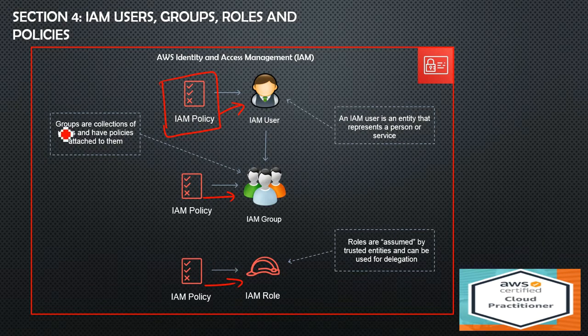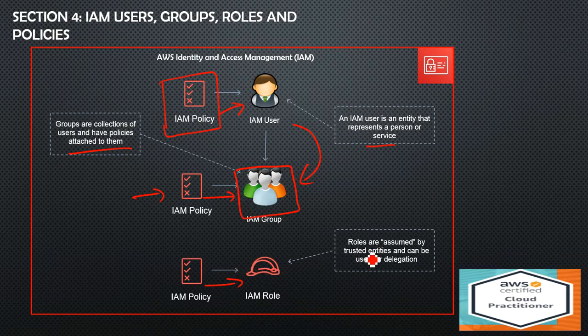Groups are collections of users and have policies attached to them. An IAM user is an identity that represents a person or a service. You can attach the IAM policy to the user, but the recommendation is to create a group, add that user to the group, and then assign the IAM policy to that group.